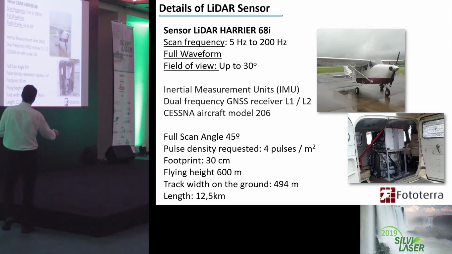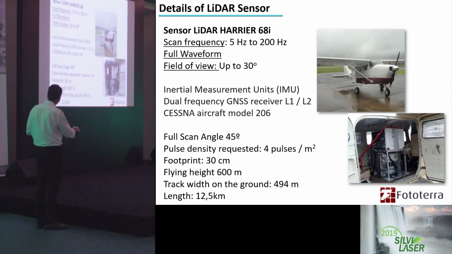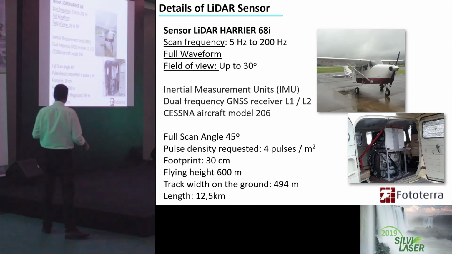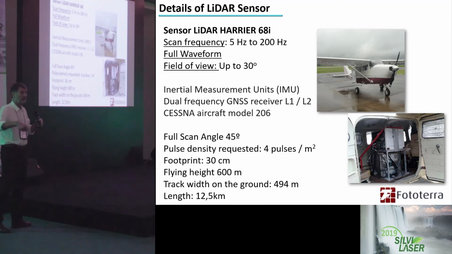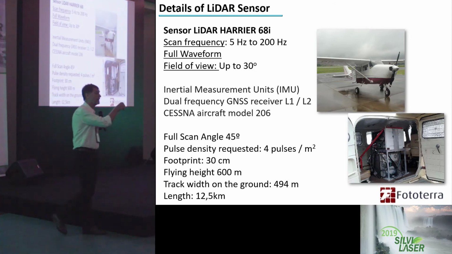An important aspect is that we had basically 4 pulses per square meter. And we had transects 300 meters wide and up to 12 kilometers in length.